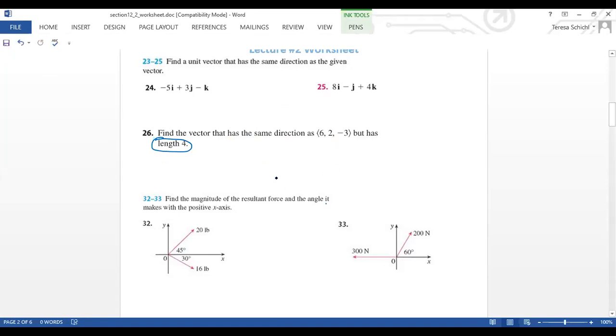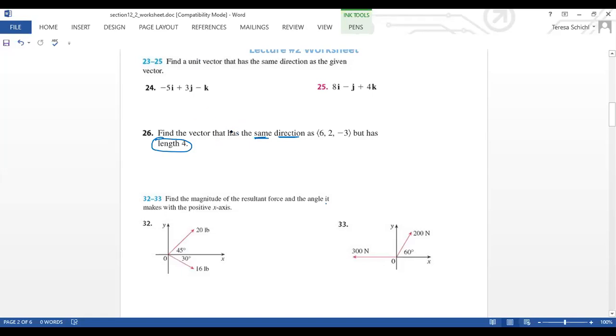They also have the same direction. Like we talked about in the lecture series, if it's the same direction, that means they differ only by a constant. So I need to find a vector that has a length of 4.